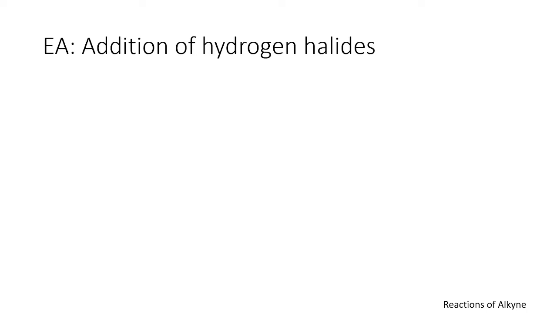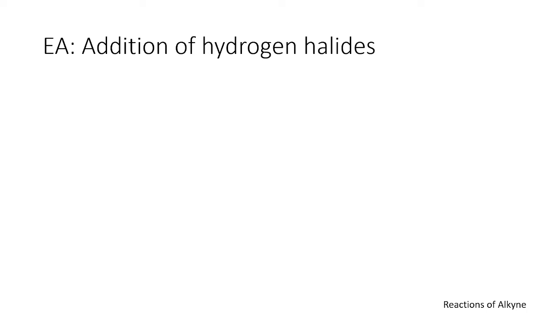In Markovnikov's rule, we add our hydrogen, which is our electrophile in this case, to the carbon with the higher number of hydrogens. With internal alkynes, we will have a problem, because we will have multiple products.